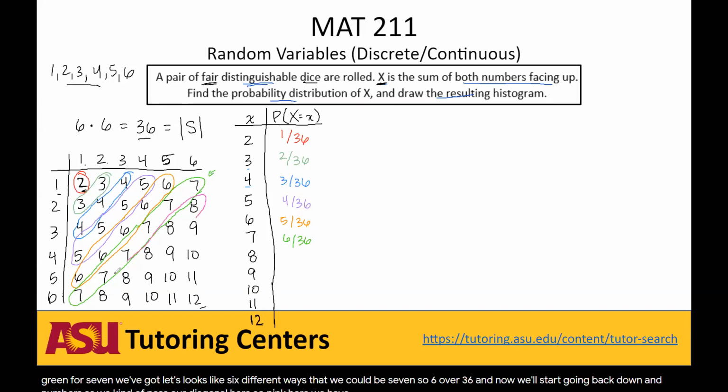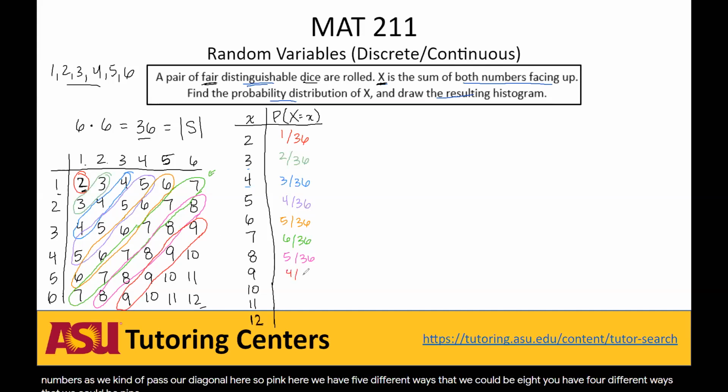We have 5 different ways that we could be 8. We have 4 different ways that we could be 9. And we have 3 different ways that we could be 10.